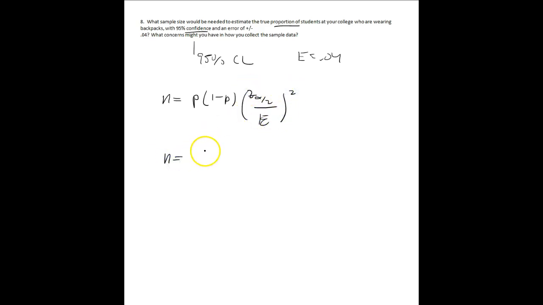Because we're not given a proportion here, we're just going to use 0.5 times 0.5 times our 95% confidence interval Z, trivia, 1.96, and our error, which is 0.04, whole thing squared. It's going to give us 600.25, which is roughly 601. So that's that.